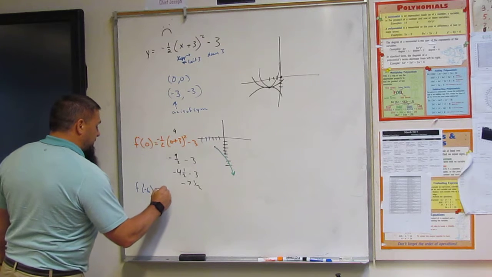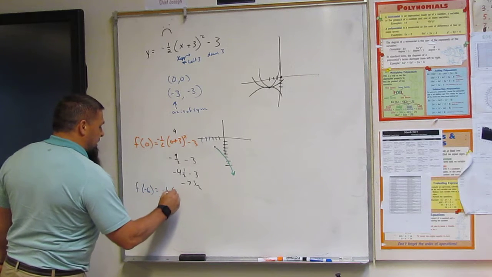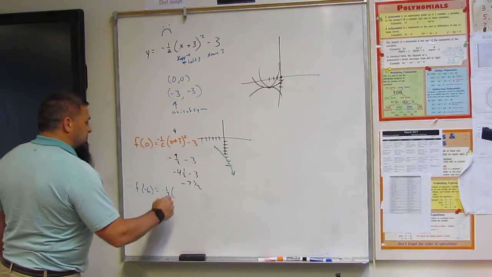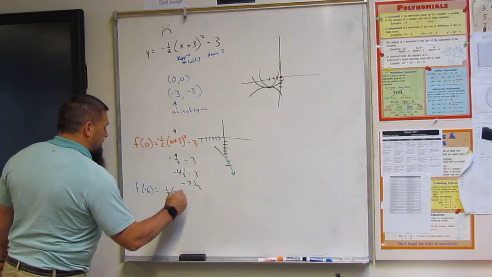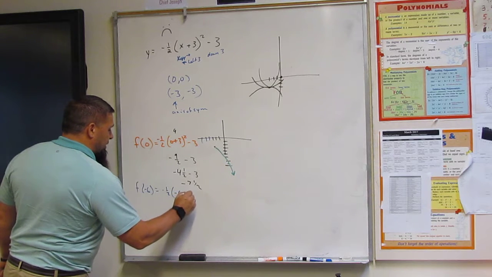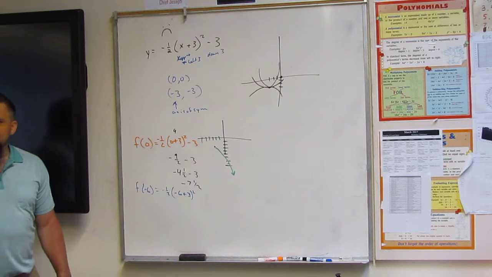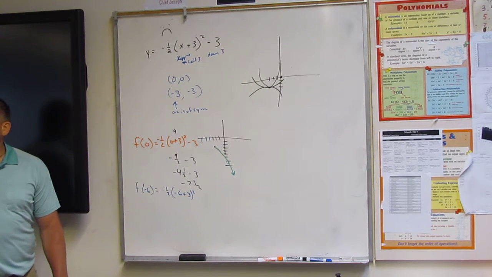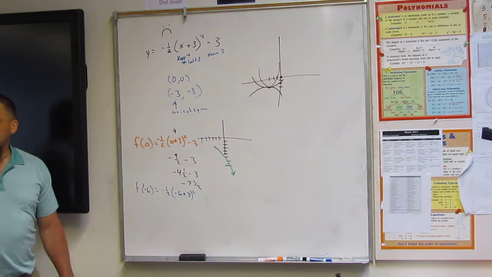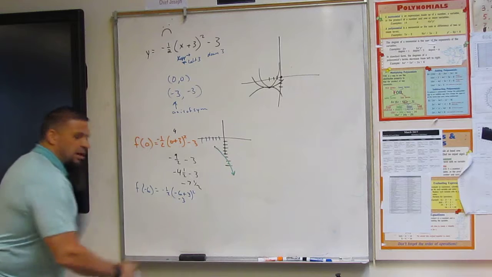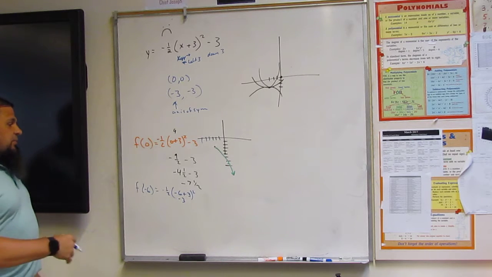So let's see. Negative 1/2 times, what are we plugging in? Negative 6 plus 3 squared. Oh, look at this. What is negative 6 plus 3? Negative 3, right? Well, what's negative 3 squared?